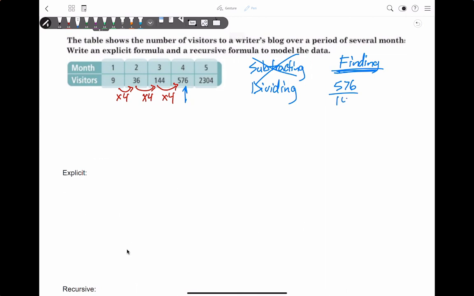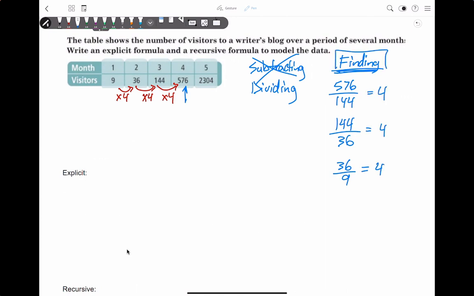by 144. Then I would take that 144 and divide by its previous term, which is 36, and then I would take 36 and divide by 9. And you see that all of these quotients when I'm dividing are not equal to 9, they're all going to equal 4, 4, and 4.